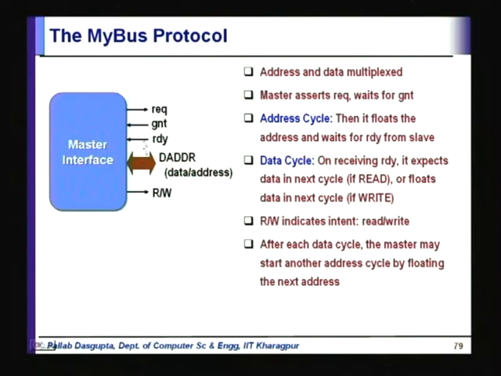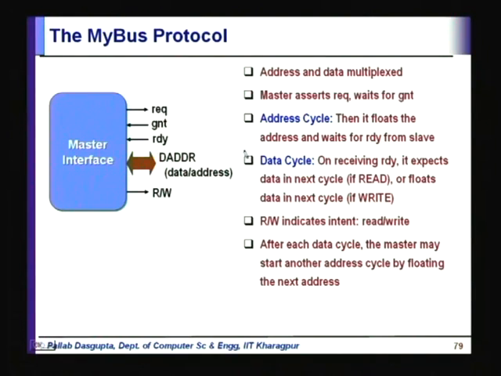The master makes a request to the arbiter, it gets a grant from the arbiter. To start a transaction, the master asserts request, waits for grant, and then when it gets the grant its address cycle begins. What does it do in the address cycle? It floats the address on the bus and waits for the ready signal from the slave.